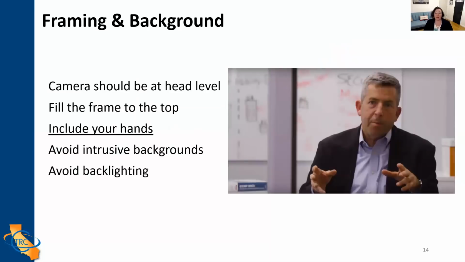So let's talk a little bit about framing and background. Again, you want your camera to be at that kind of hair level. You don't want it too high or too low. You want to fill the frame with your body all the way to the top if you can. So, we don't need to see floating heads cut off right here at the chin.